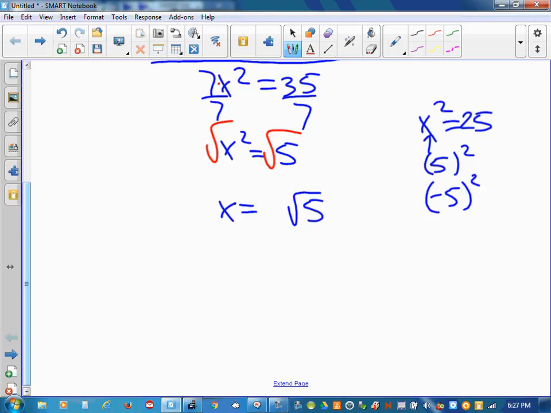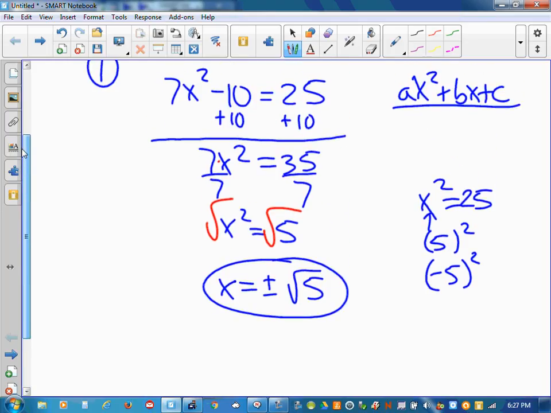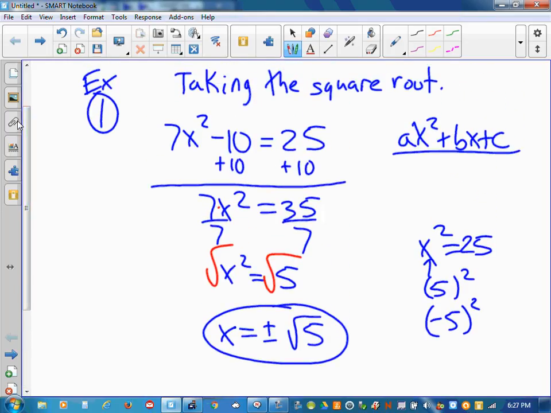And that's the case here. You can square the square root of 5 to get 5, or you can do the negative version of it. So we add in plus or minus. So here's the solution to this one, and it's done by just taking the square root. You add 10, divide by 7, just normal algebra steps. You're isolating the x squared, okay?